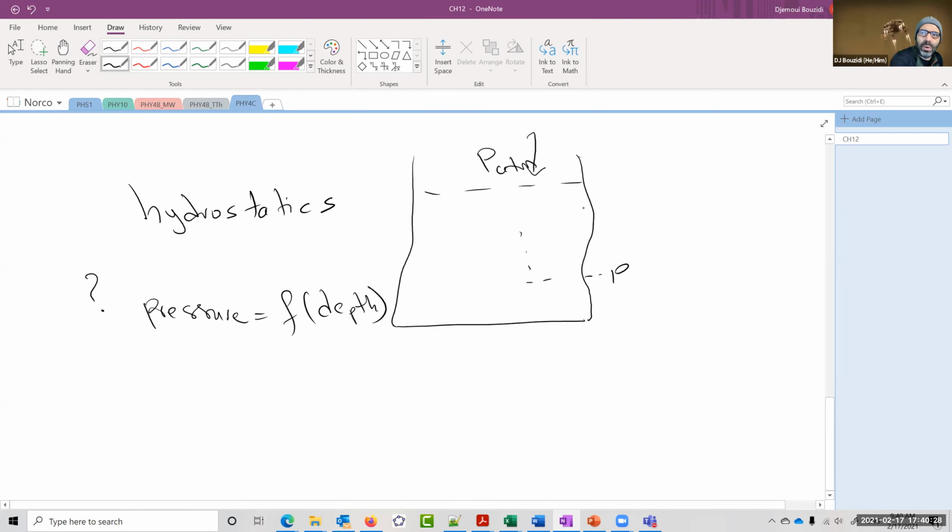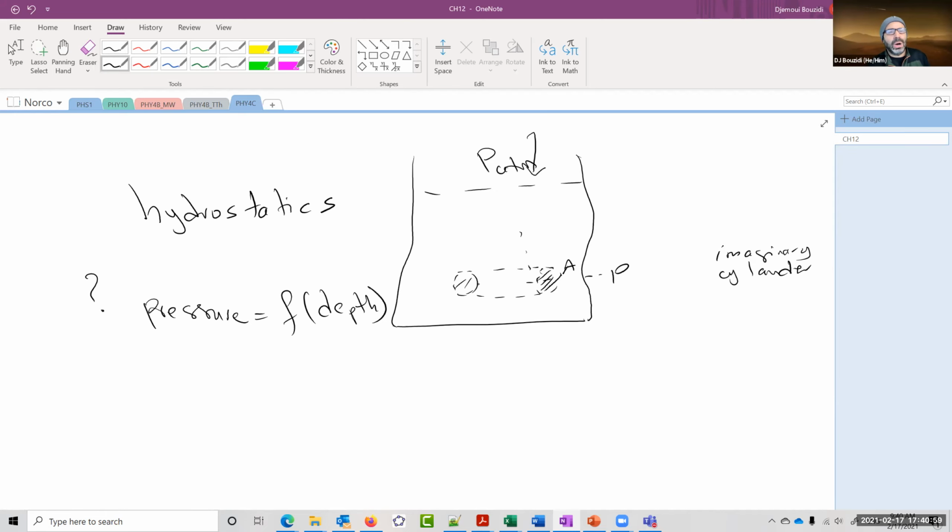So what I'm going to do is take a portion of the fluid in an imaginary cylinder in the fluid, of cross section A. This cross section is A, and this cross section is A too. I'm going to assume it's small enough that I don't worry about the height of this cylinder.